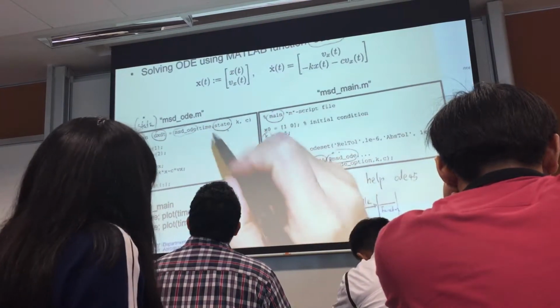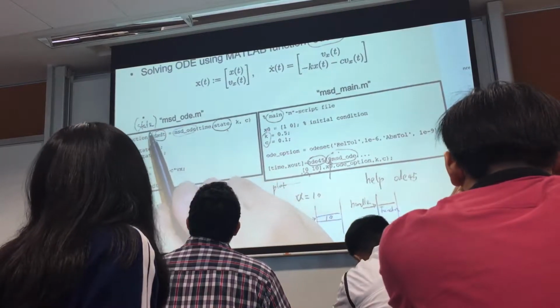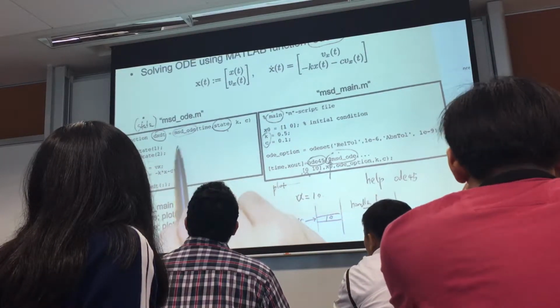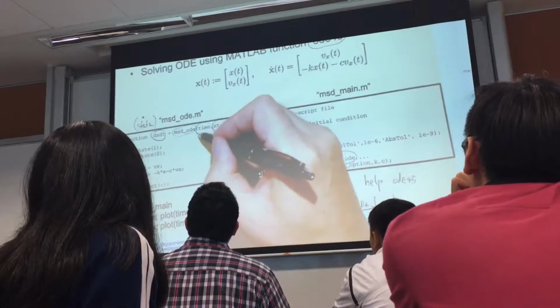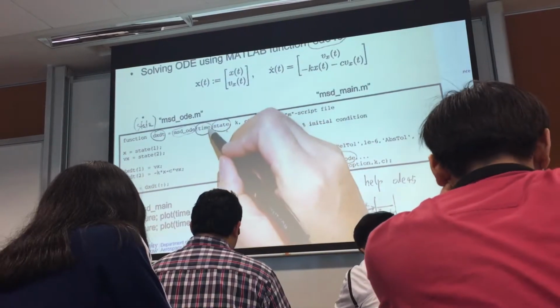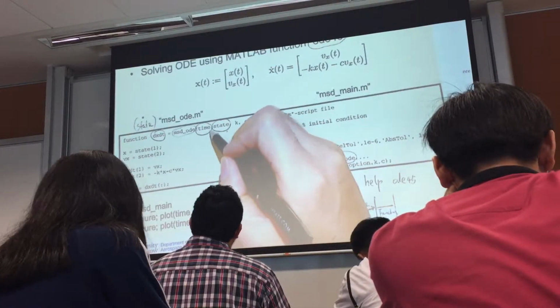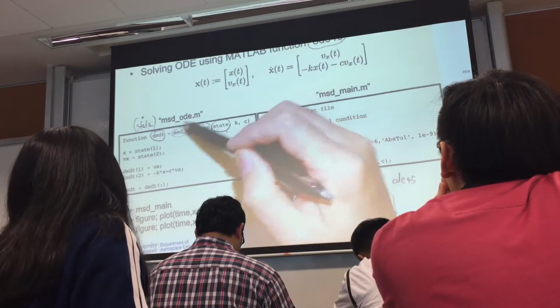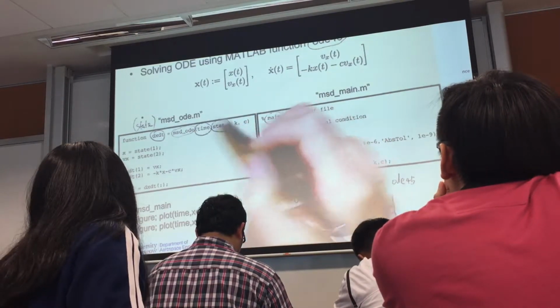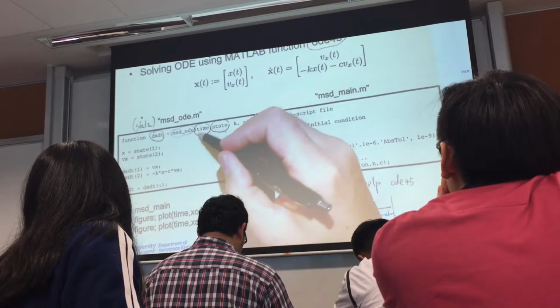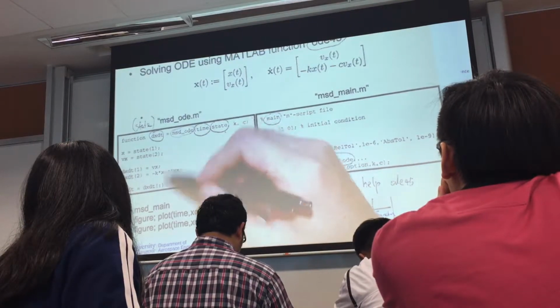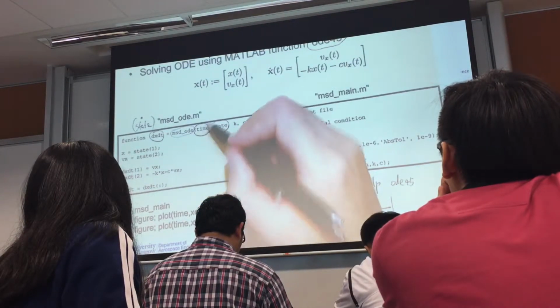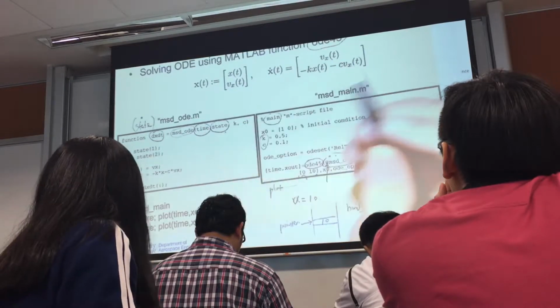Remember that our derivative is taken in terms of time. That's why you must have a time variable right here. Although we are not using this time, if in your declaration of your function you don't have this time variable, you will get an error. Remember, you require this time variable.